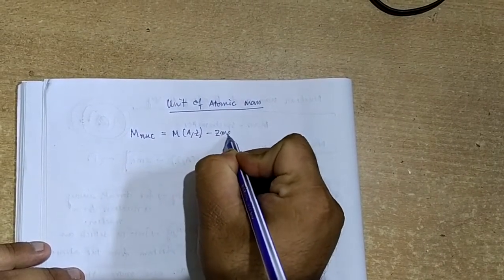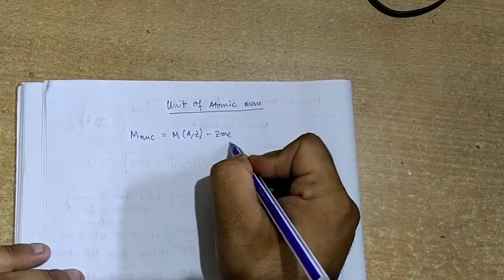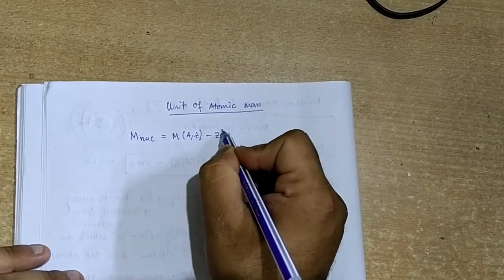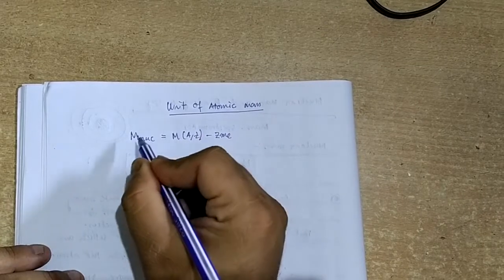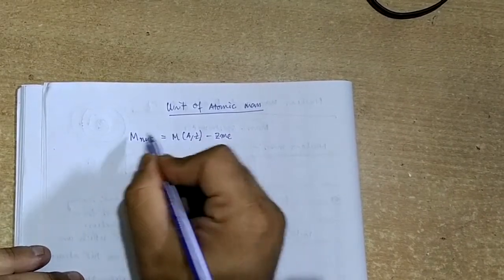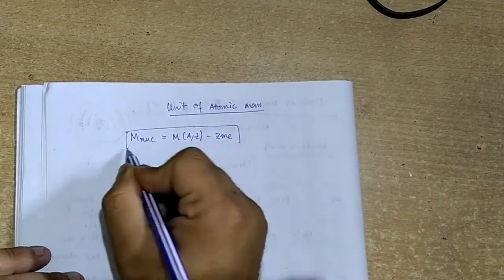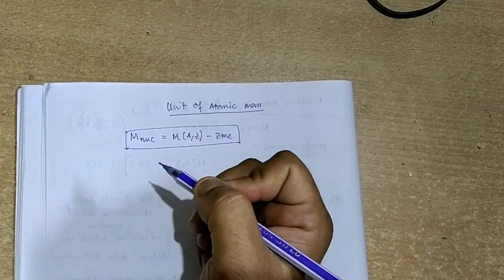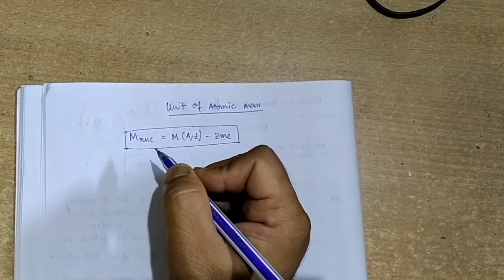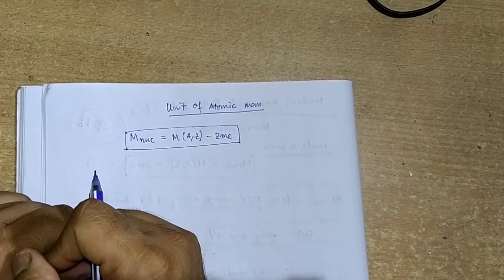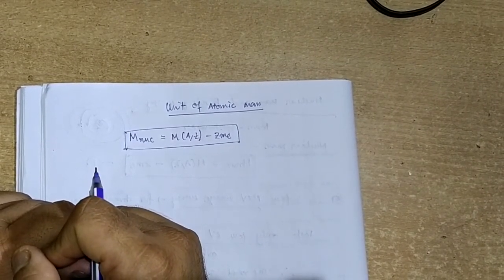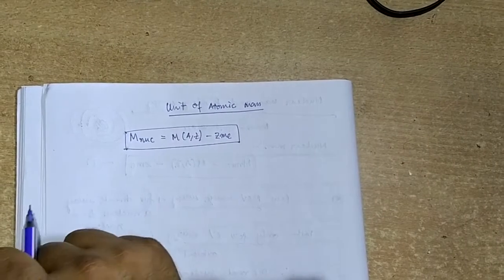Just by subtracting the mass of the total orbital electrons from the atomic mass, we can calculate the mass of the nucleus. So it is important to know about the unit of the atomic mass.